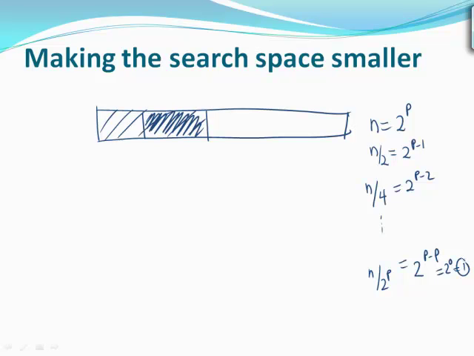At this point the mid is going to be either the element or it's not, and we can be done after one more iteration. Making the search space smaller makes it easier to quickly reduce something from larger to something smaller.